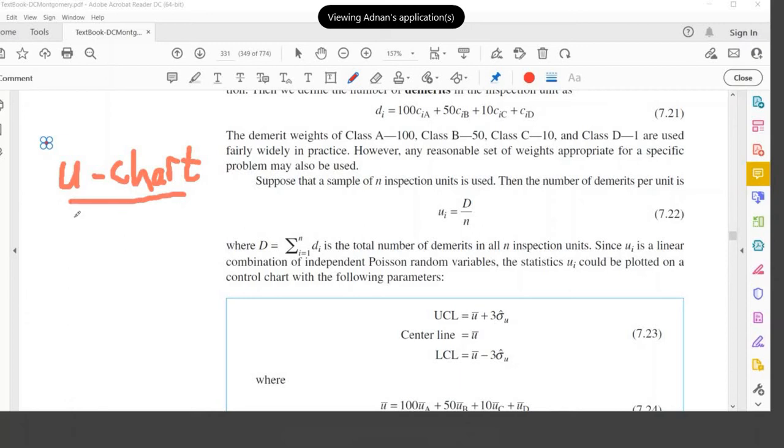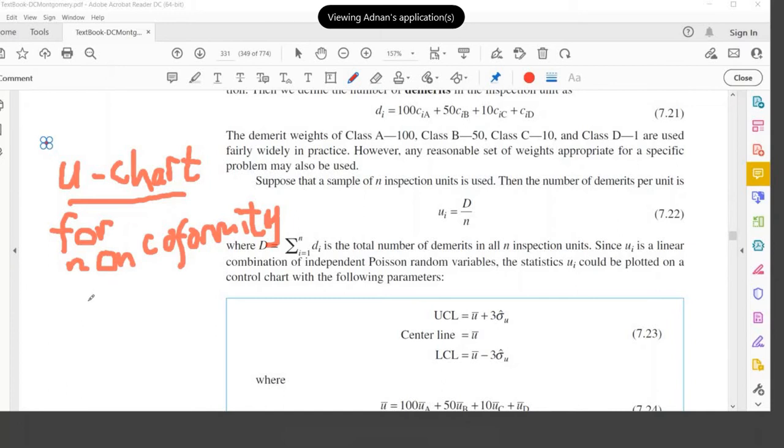Okay, U chart is for non-conformities. Non-conformity, ataupun kalau plural it will be non-conformities lah.